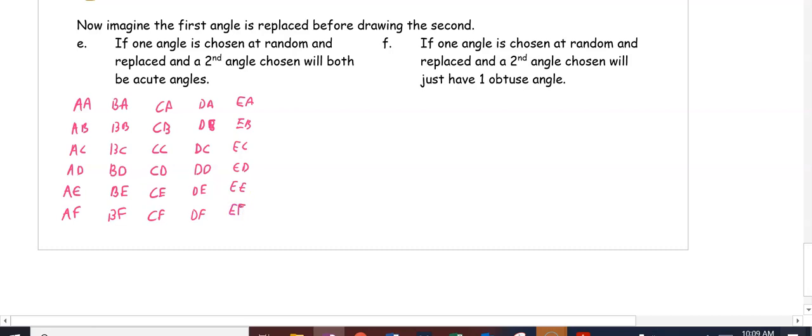And then lastly, we have FA, FB, FC, FD, FE, and FF.